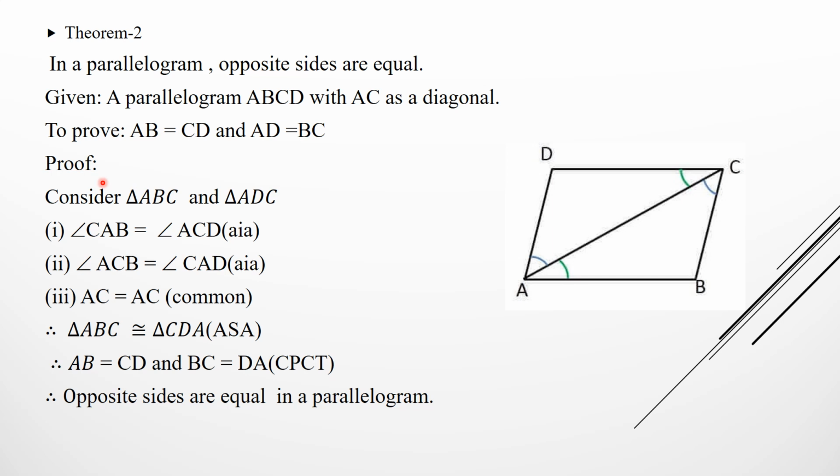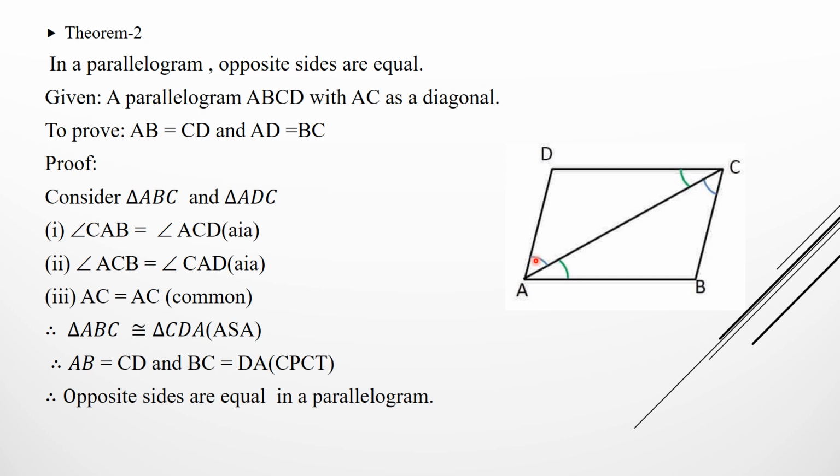Let us consider the two triangles ABC and ADC. Since the opposite sides are parallel, we can write angle CAB is equal to angle ACD using the condition alternate interior angles are equal. Similarly, AD is parallel to CB and AC is the transversal.